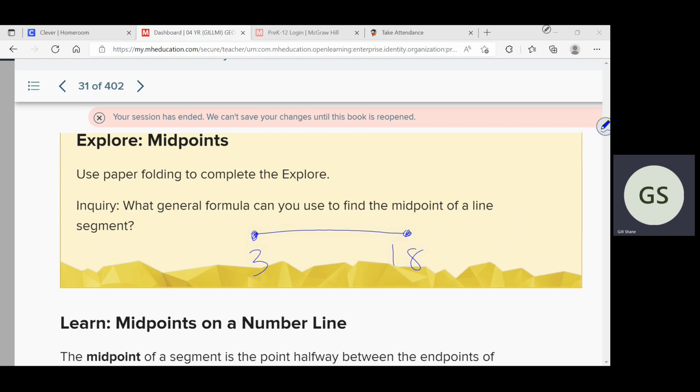I take the two numbers, add them together, the two endpoints. You divide by 2. I get 21 divided by 2. That's my midpoint.